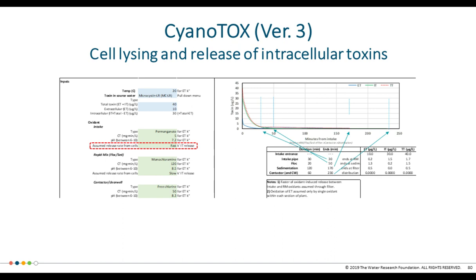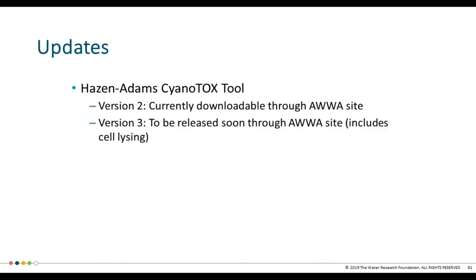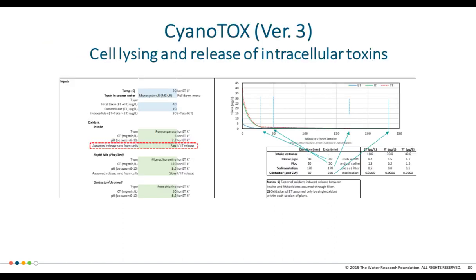And then again, we have a low concentration of microcystin LR coming out of the filter. What's interesting about this is you can examine many different scenarios with different oxidants, CTs, pH, assuming slow release, fast release, and even different conditions with PAC and settling of solids.